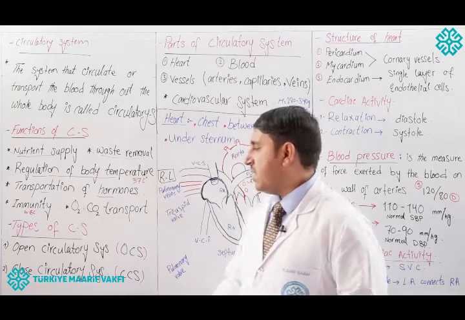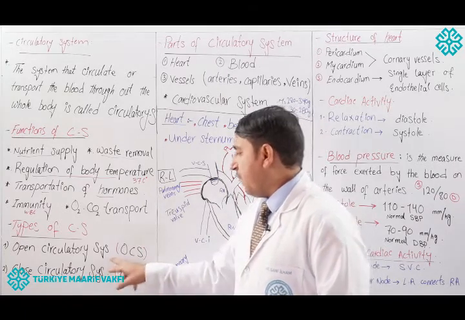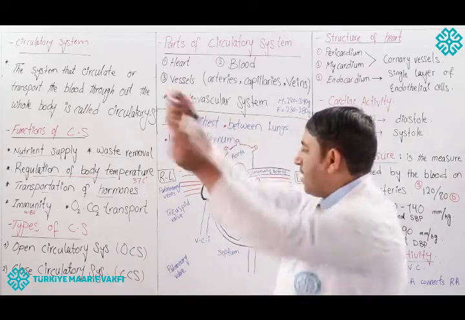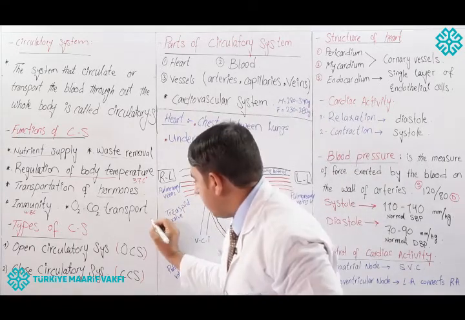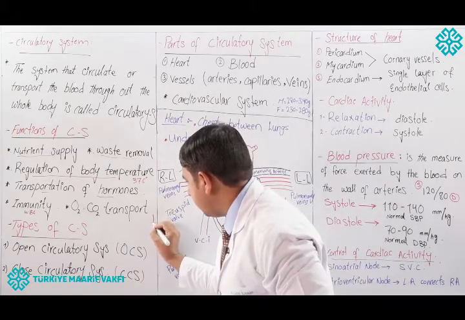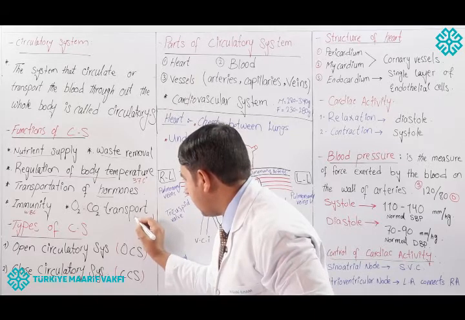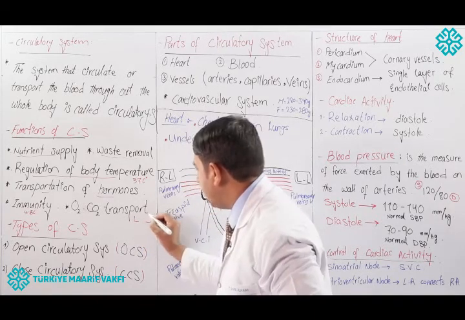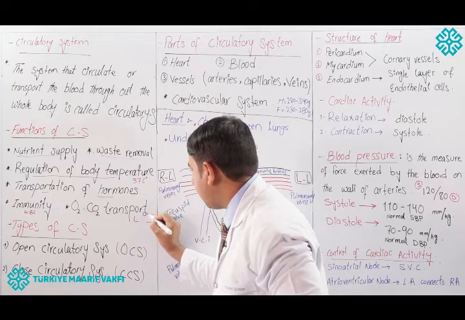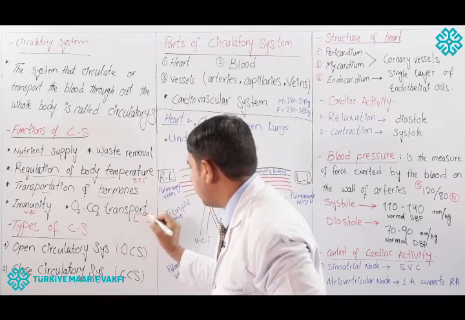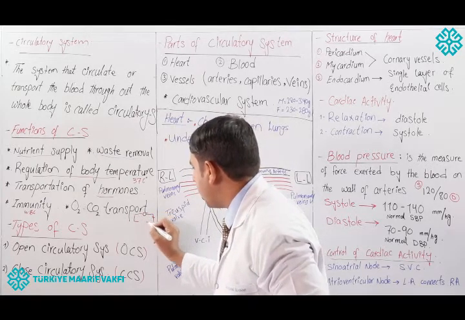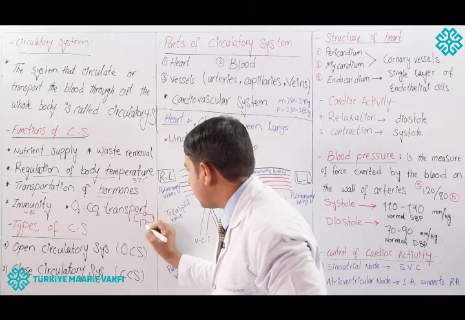In the open circulatory system, we have some vessels and a structure like that. Just imagine it is the pump, our heart. The blood is coming from the heart and going to the tissues.